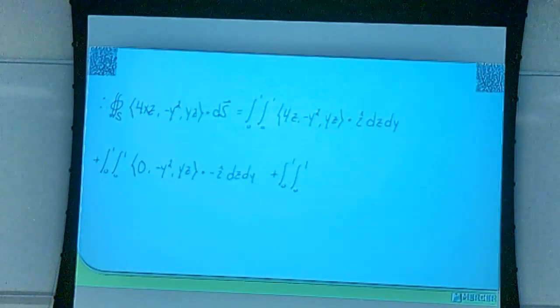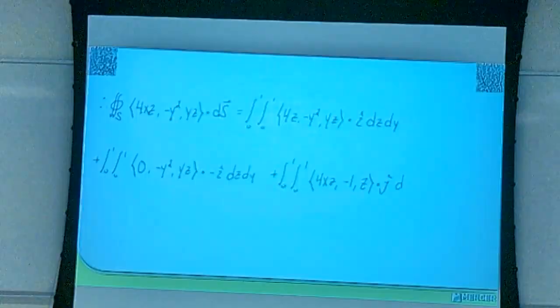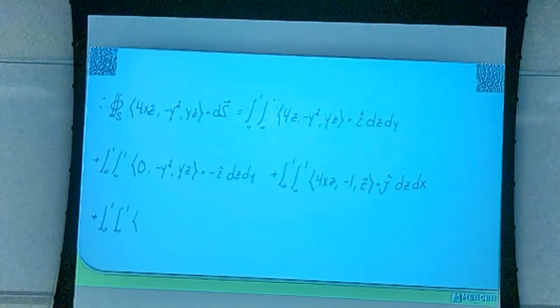Which is dz dx, both are still 0 to 1. Y is 1, x and z stay the same. Now y is 0.